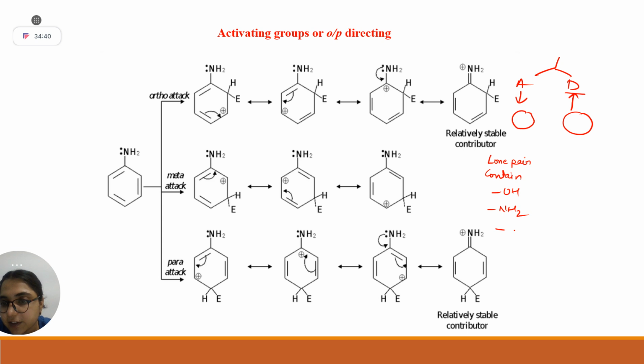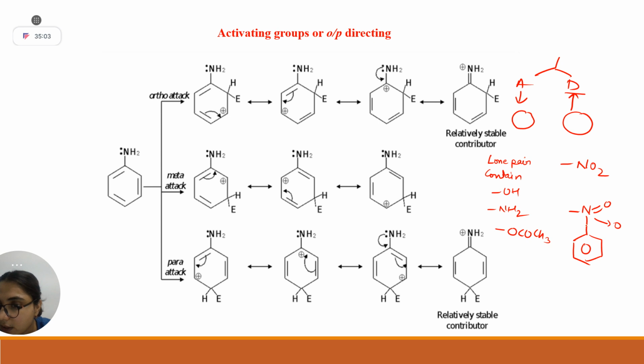Other, can anyone tell me? NR2, OCOCH3. No, ma'am, NO2 is a deactivating group, because let me explain. NO2 is coordinatively bonded like this.